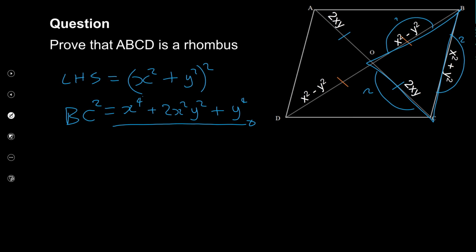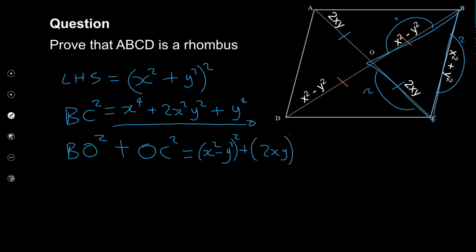Now I want to know what is BO squared plus also OC squared, which will be equal to, let's look at BO. BO, we know that this is x squared minus y squared, and then it will be plus, I square this, 2xy squared.